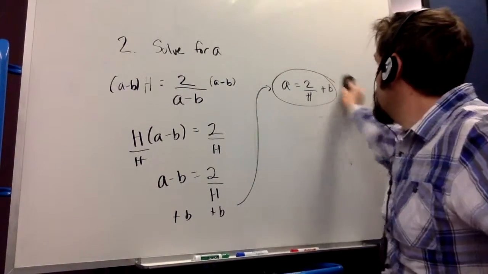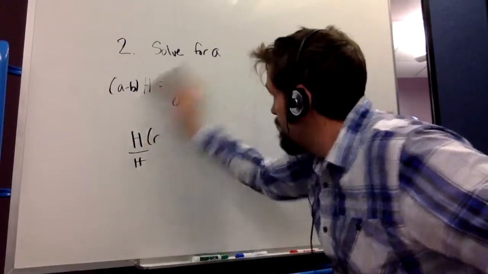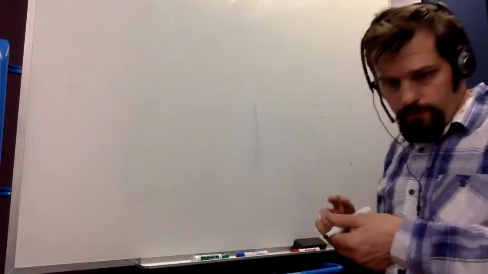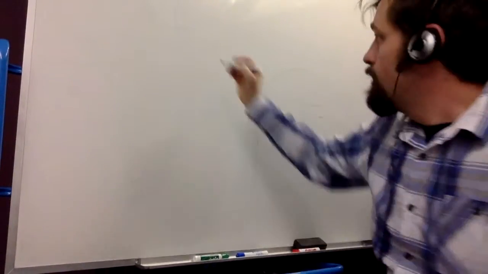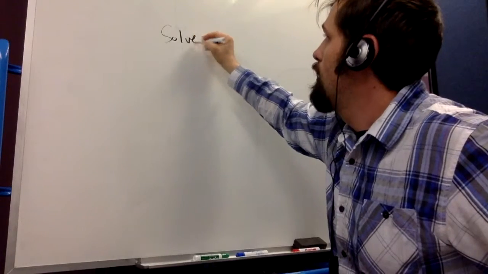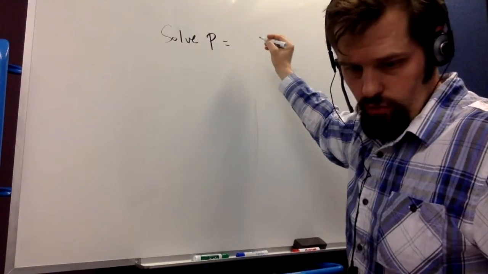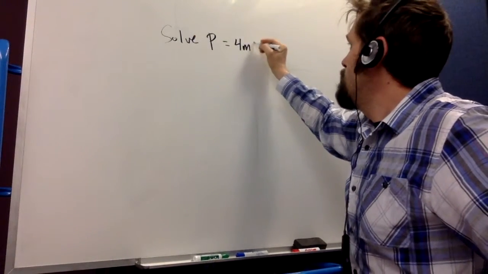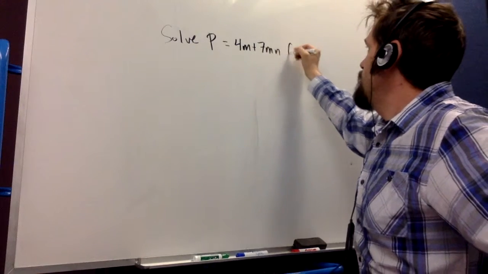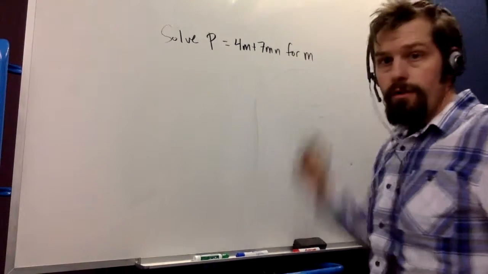Okay, let's look at the next problem. So we're on solve p equals 4m plus 7mn for m.